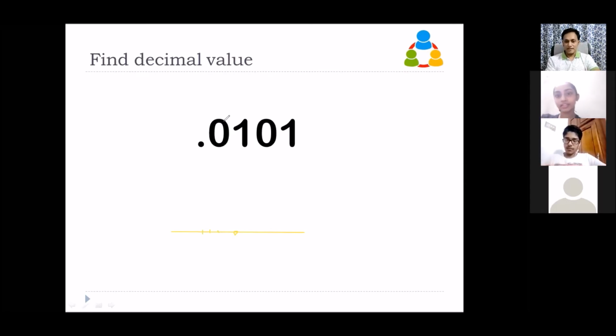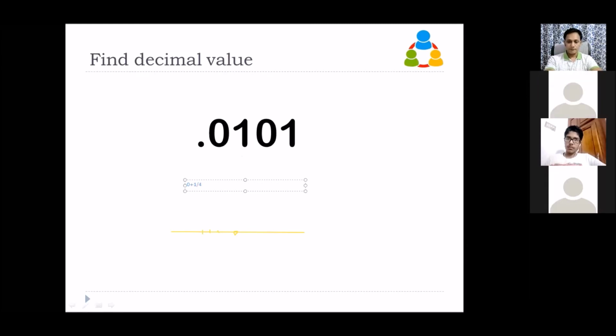What is the value of this piece now? First piece. Somebody explain it. Adnan, please explain it. How did you get it? The value of the first one, 0, is 1 by 2. But 0 into 1 by 2 is also 0. So we go to the next number, which is 1 by 4. So 0 plus 1 into 1 by 4, which is 0 plus 1 by 4.